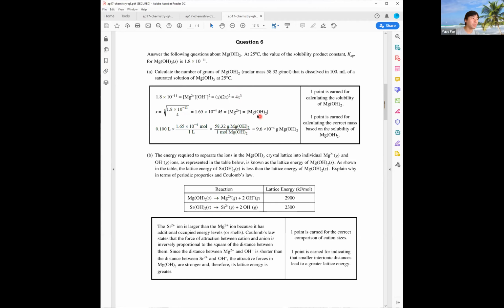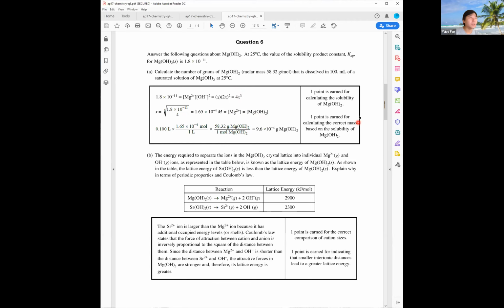Note the 1-to-1 ratio between magnesium cation and magnesium hydroxide, because when it's dissolved, you only have one magnesium in solution. Then don't forget that it's 100 milliliters, so don't forget to do the conversion. It's easy to make a mistake and just calculate for 1 liter, and then you get a wrong answer.